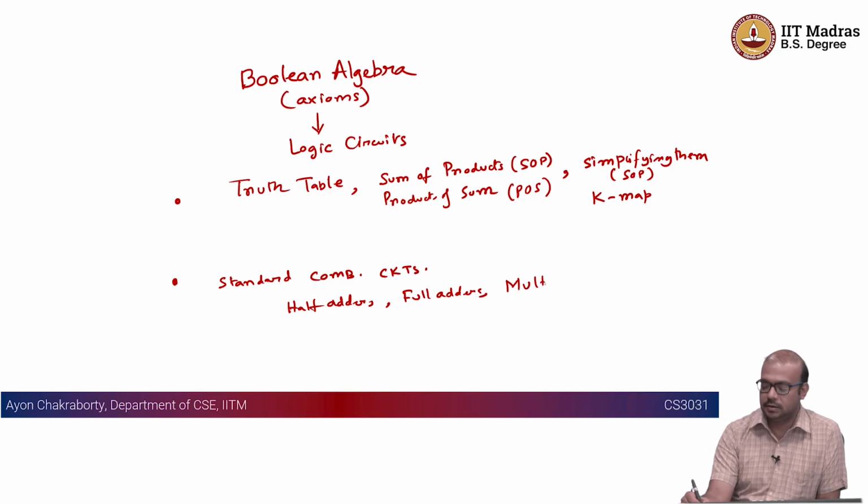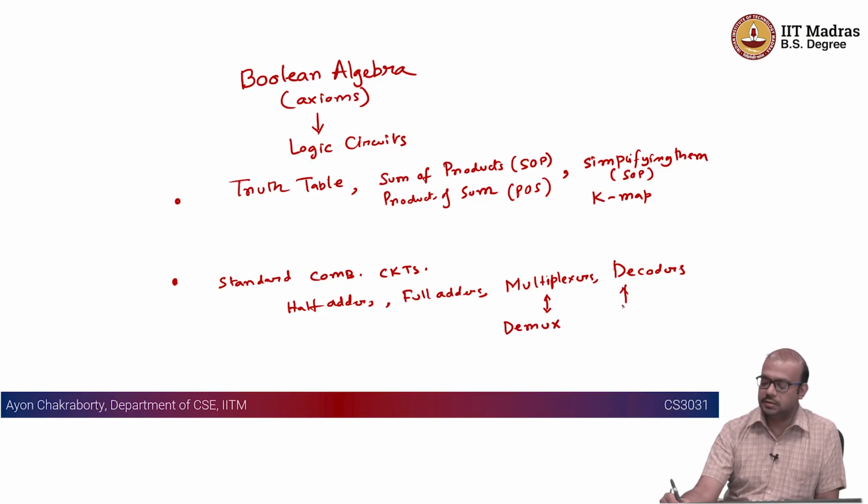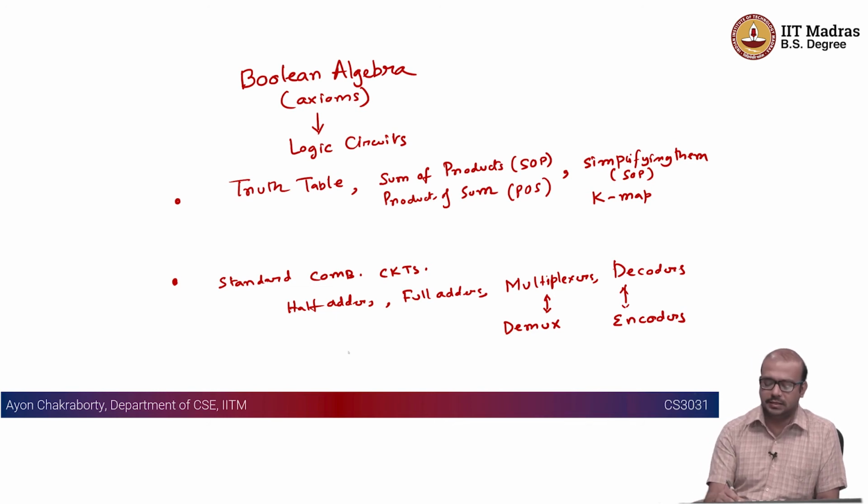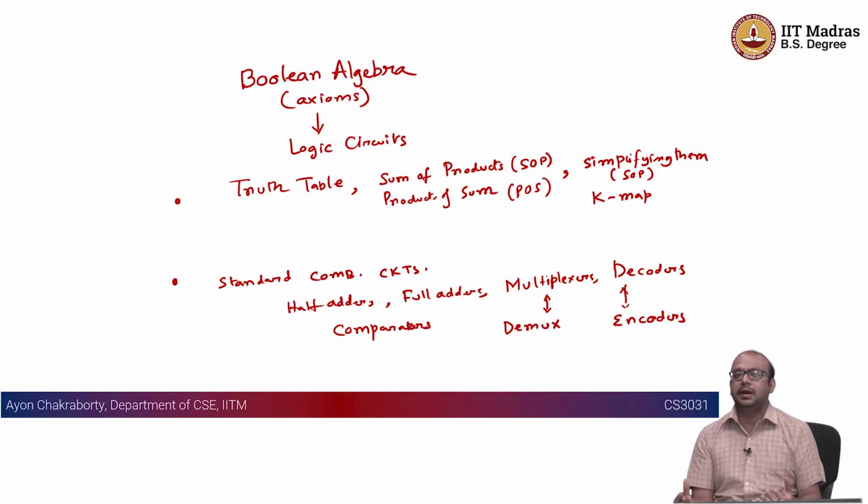With the multiplexer we also looked into its inverse, the demultiplexer or demux, and encoders. There could be other things, for example comparators, but these were the standard ones.